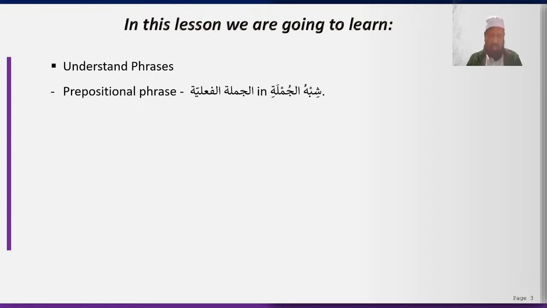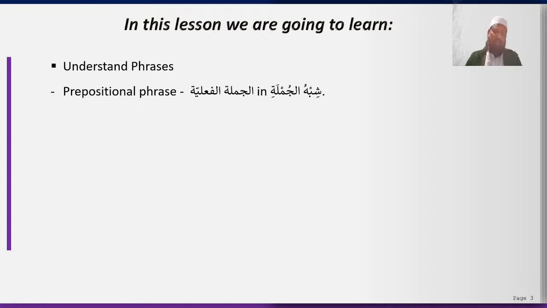It's called شبه الجملة, and it comes in الجملة الاسمية in place of خبر, in the slot of خبر. That خبر can be خبر مبتدأ, خبر إن, خبر كان, and خبر لا لنفي الجنس.